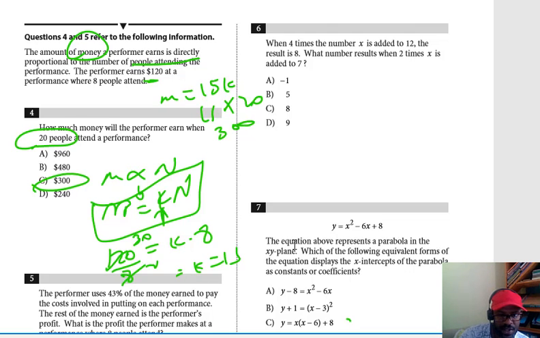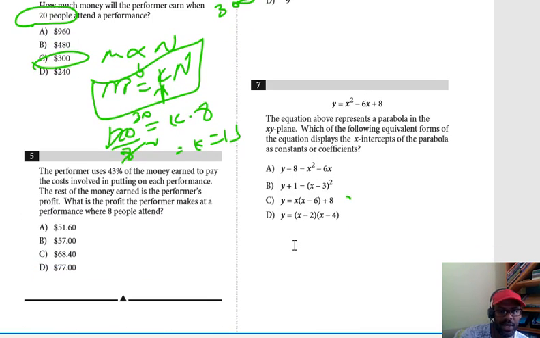Okay, question number 5. The performer used 43% of the money earned to pay the cost involved in putting on each performance. The rest of the money earned is the performer's profit. Okay, the rest. What's the performer's profit at the performance where 8 people are attending? So it is talking about the previous $120.